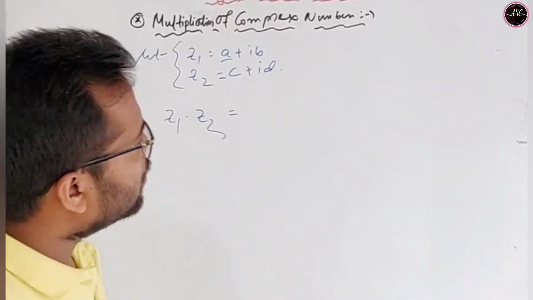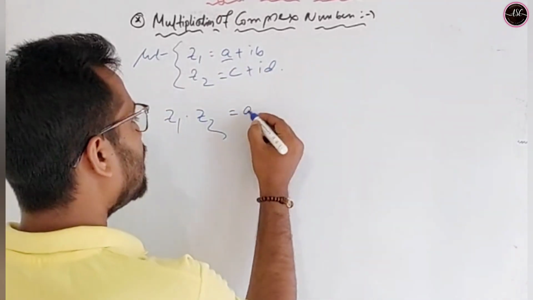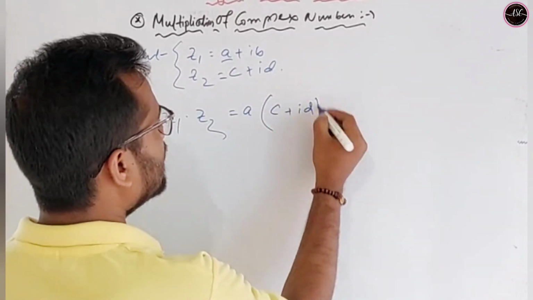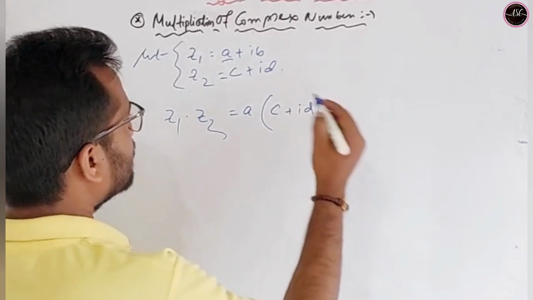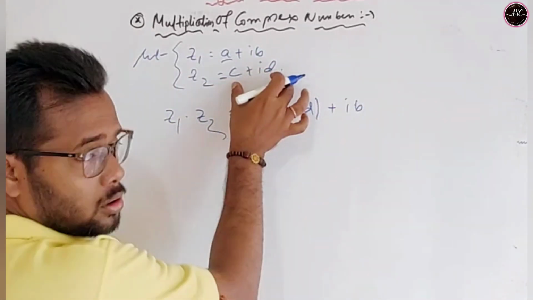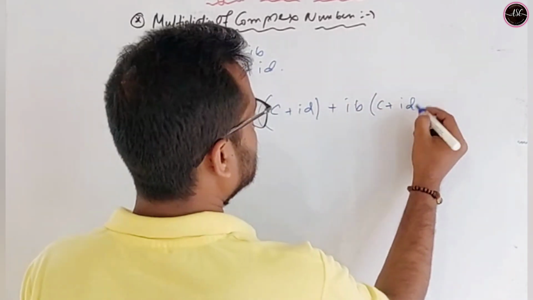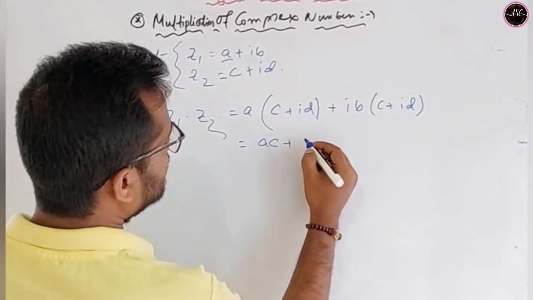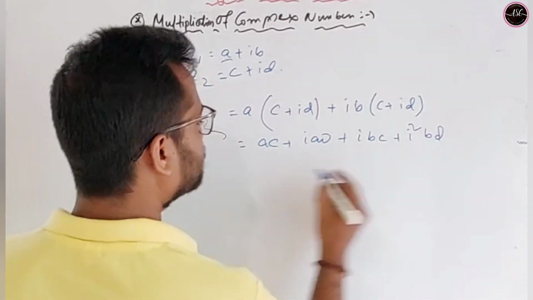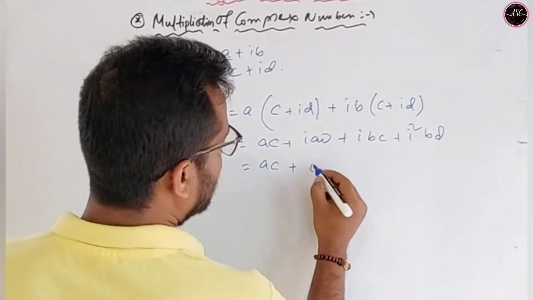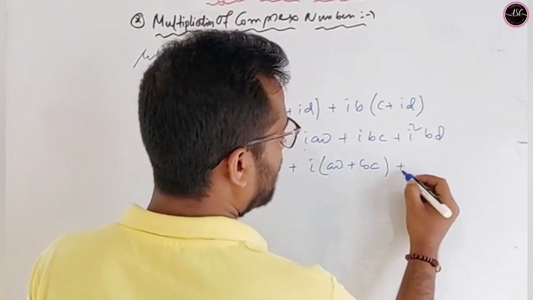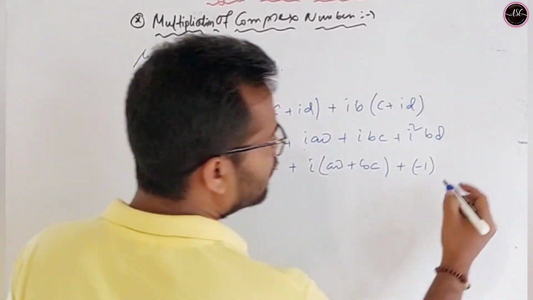Here in this complex number the real part is a, so with a we should multiply the whole c plus id, and by the imaginary part ib we should multiply the whole c plus id. So here we get ac plus i of ad plus i of bc plus i square bd. So here we get ac plus i of, taking i common from these two, ad plus bc, and here minus of 1, since i square equals minus 1, as we have already known, bd.